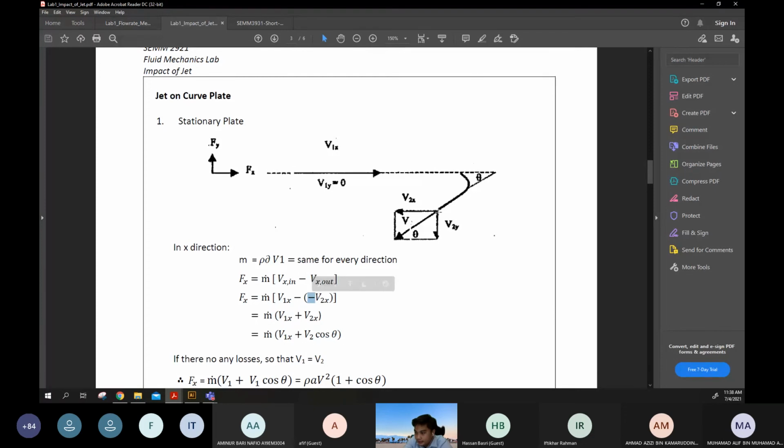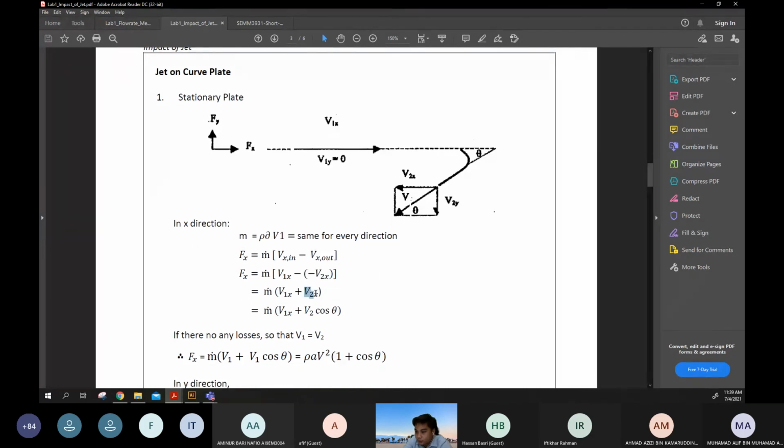Because it is to the left. Negative and negative turns into positive. In order to get V2x, this is having a gradient, having the slope, so you need the cos theta. V cos theta, you're going to have V2x.